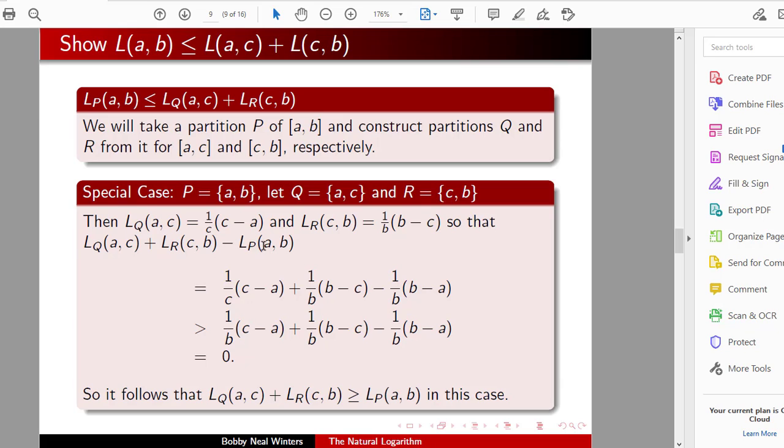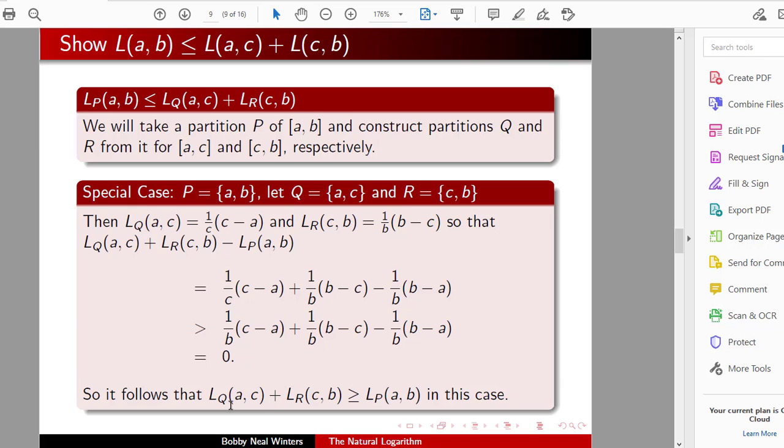I subtract the single term from those, and I'm going to show it's positive. I just roll in the formulas and do the arithmetic, and the only interesting thing I do is on the first term: I trade in my C for a B to get something smaller, and then I do the math, and this in fact turns out to be equal to 0, so this difference is greater than 0.